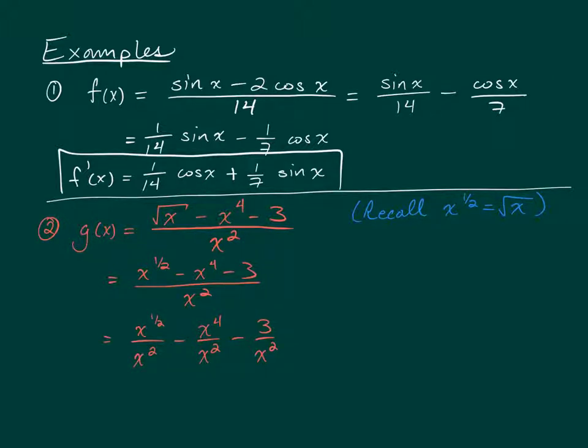All right, so now what I want to do is simplify each fraction, and that's exactly what we did over here. Right, the 2 cosine x over 14 turned into cosine over 7 because the 2 over 14 simplified to 1 over 7. So now I'm going to simplify each of these fractions, and I'm going to get 1 over x to the 3/2 minus x squared minus 3 over x squared.